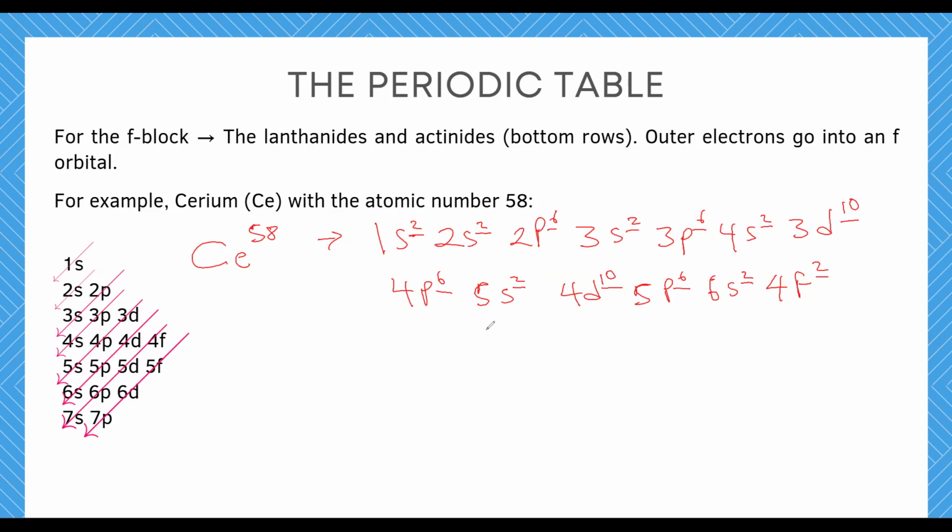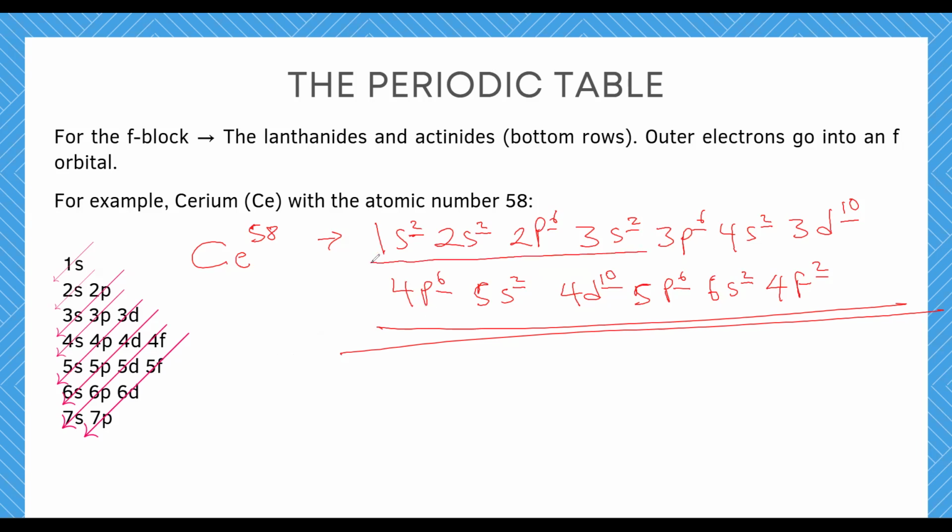From this electronic configuration, what is the number of shells that will be present in the atomic structure? 4 shells. Are you sure? Now, let me give you a trick. To know the number of shells present in the atomic structure of an element by looking at its electronic configuration, just look at the highest number there.